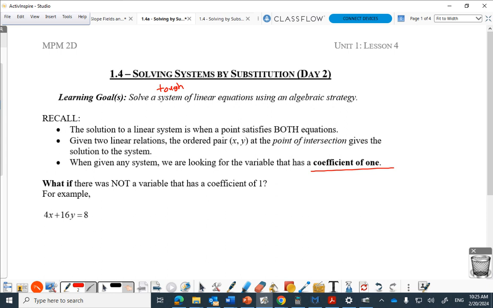I'm going to do both, go after x and y, and then we're going to together come up with a good idea about which one we should go after. If I decide to isolate y, that's what I could do.